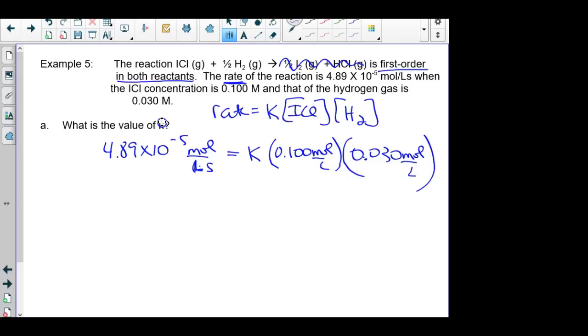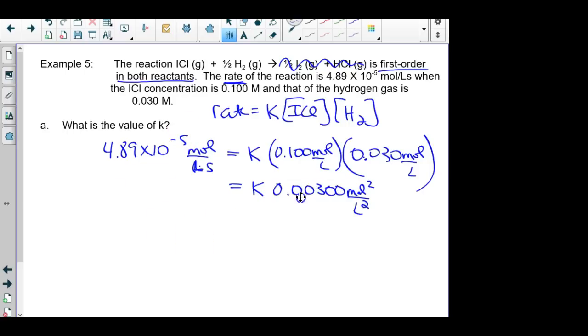You can write down all the steps that you would need to help you understand how to do this when you have an example problem. So this is going to go 0.003 moles squared over liter squared. What did I do? I multiplied 0.1 times 0.03. Let me just make sure I did that okay on my calculator, and I did. Use my sig figs. So now to get K by itself, notice that K is multiplied by the 0.003.